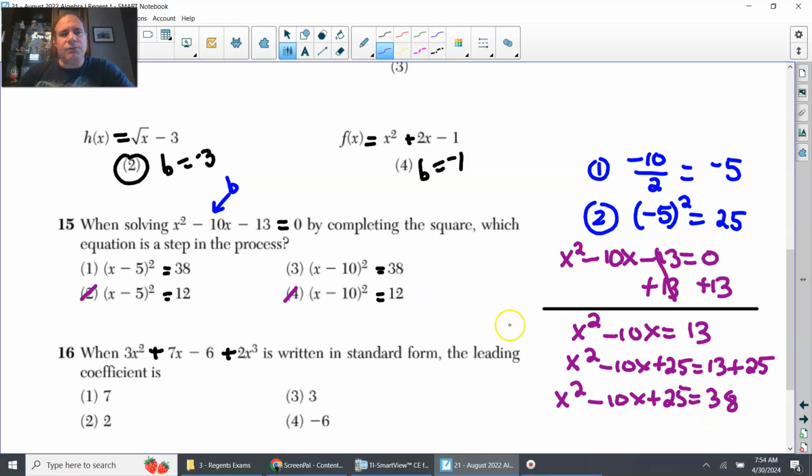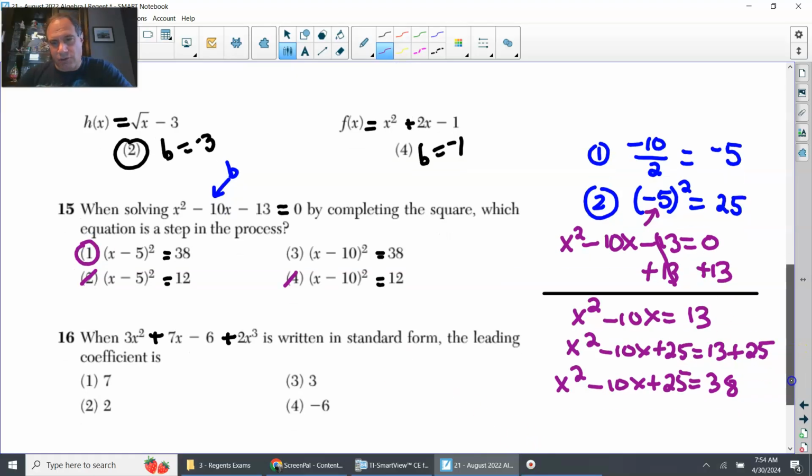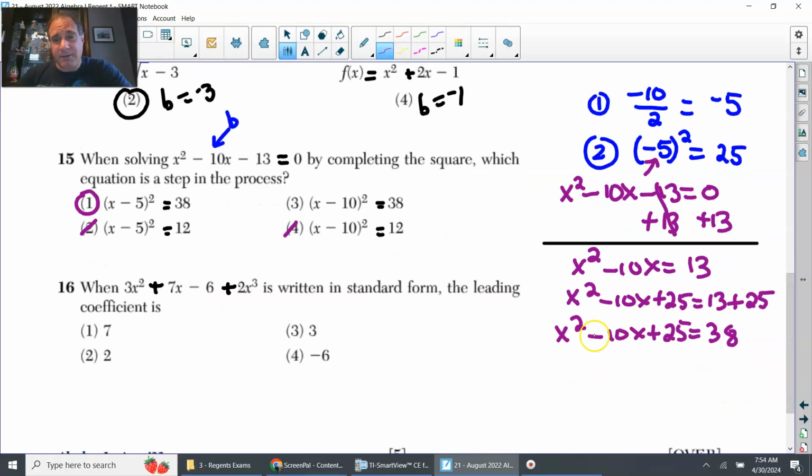So, the one thing that you do have to remember, see this right here? When you divide negative 10 by 2, you see that negative 5? That's what this becomes. All right, so you see this negative 5 here? I know that this is going to be my answer, but let me just show you exactly where that's coming from.